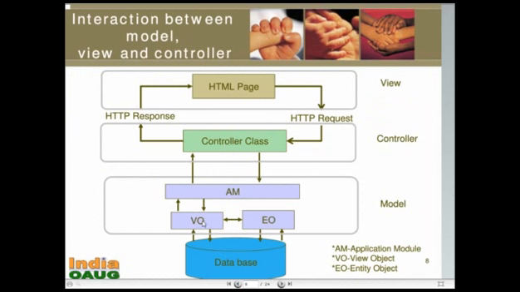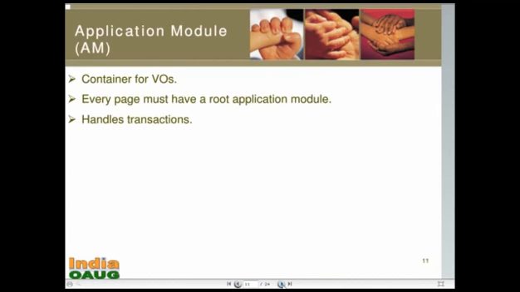From the AM you can access the view object, and from the view object, the entity object. So inside the controller, when you start writing the code, first you access the AM, then the view object, then the entity object, then start writing your code.